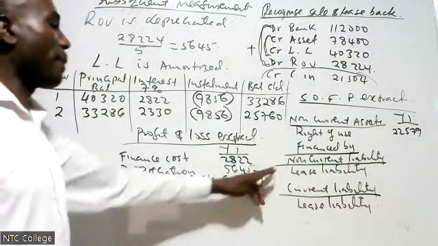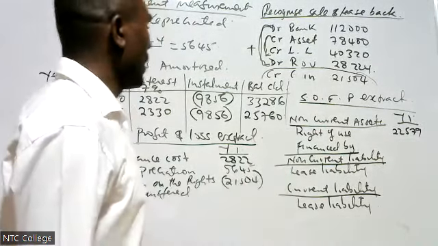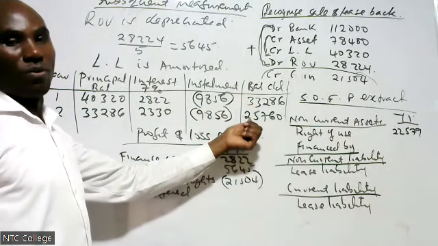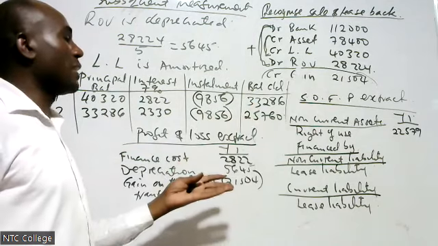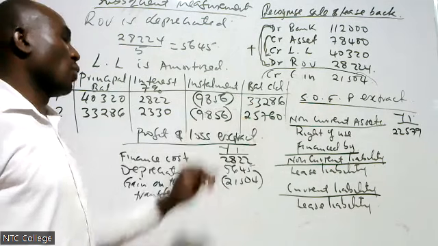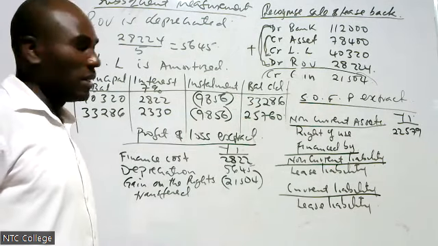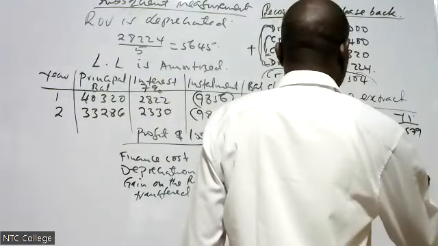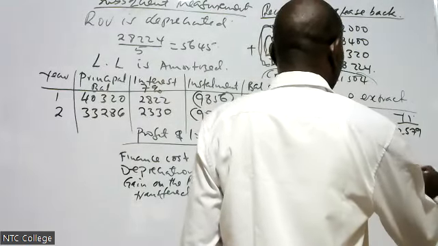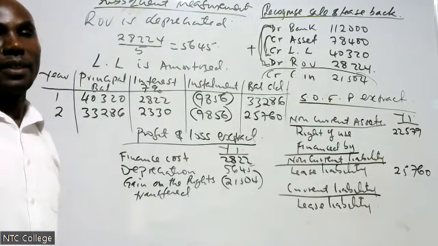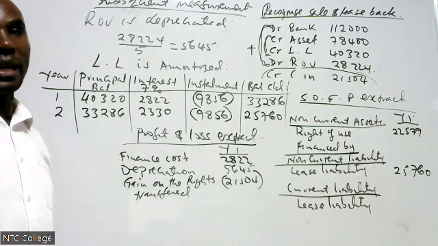Then, lease liability. This is where you need to listen. The examiner asks for year 1, but you always prepare for year 2. Therefore, we take 25,760 as our non-current liability in year 1. You take the one for the subsequent year.